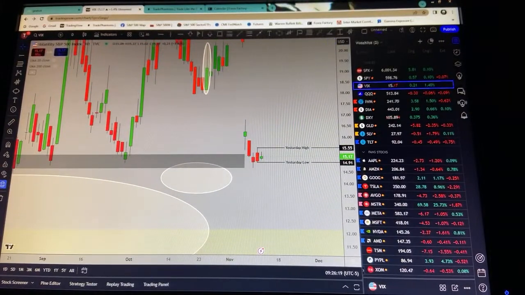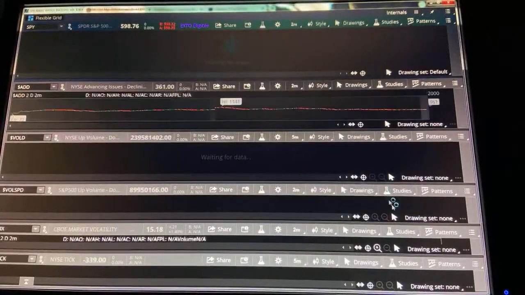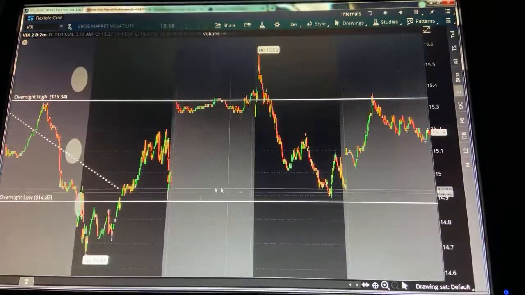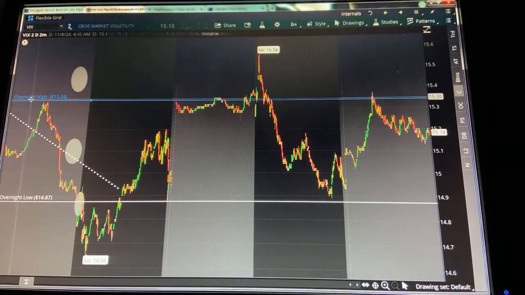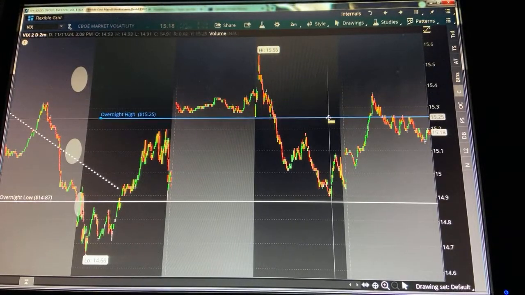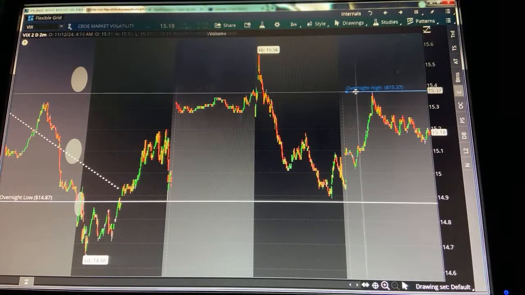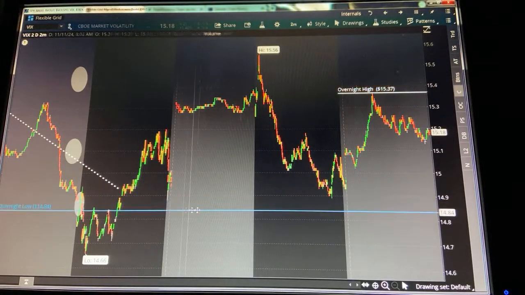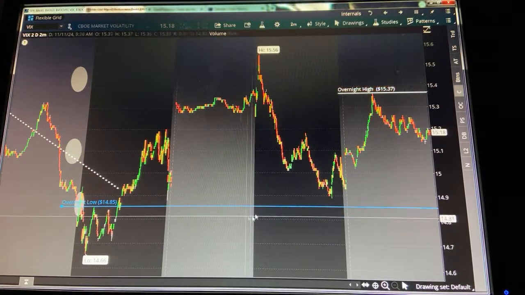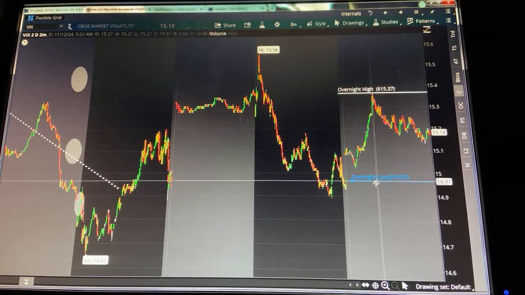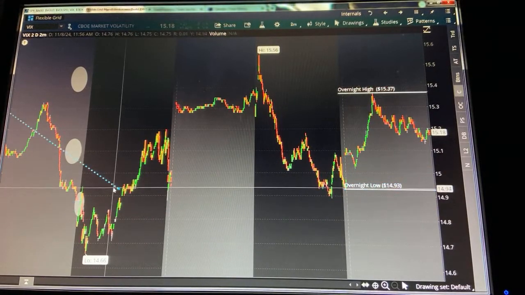All right, I'll map this out as well for intraday. Let me see, so we got VIX high here. We got VIX low here.